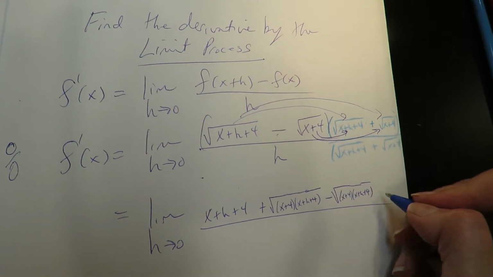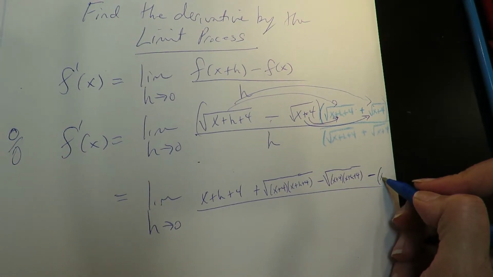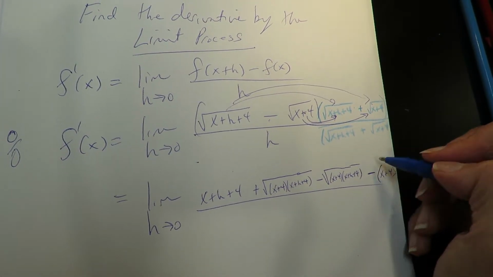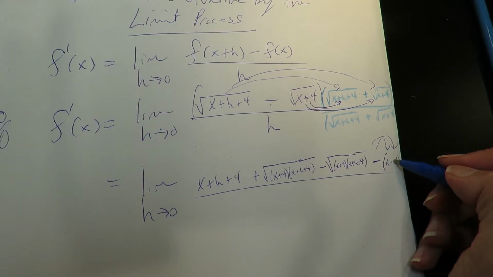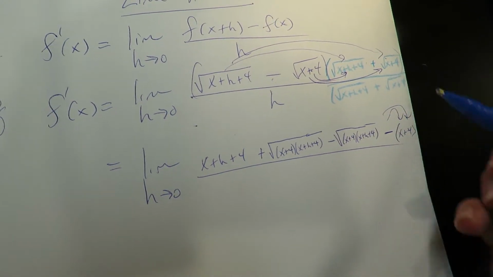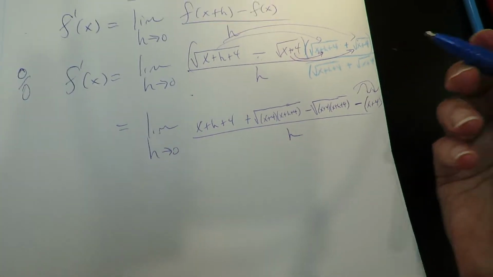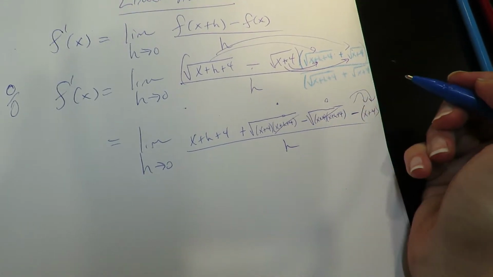A positive times a negative is negative, and then this times this is x plus 4. Now if you notice, I'm putting it in parentheses because I have to make sure that I subtract both of those because it's minus that product, and that product is x plus 4, so it's got to be minus both of those. All right, if you combine like terms, this goes away.